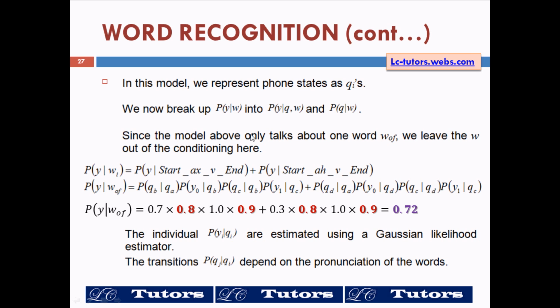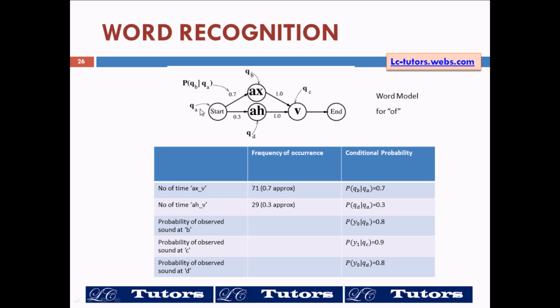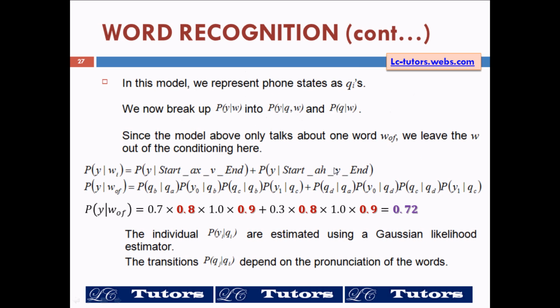So we have to calculate P(Y|W), which is P(Y|start AX V end) plus P(Y|start AH V end). That is, there are two paths: start given this condition AX V end, plus start given this condition AH V end. So we have two paths.